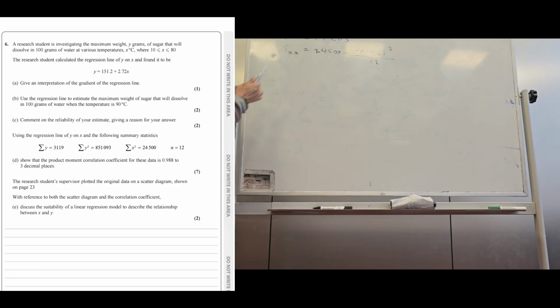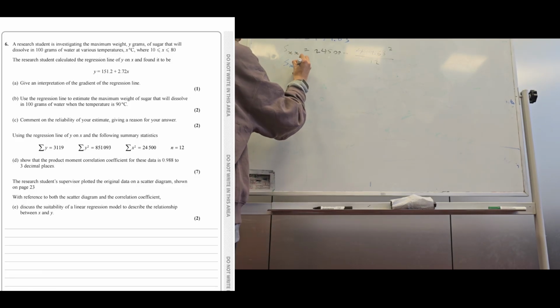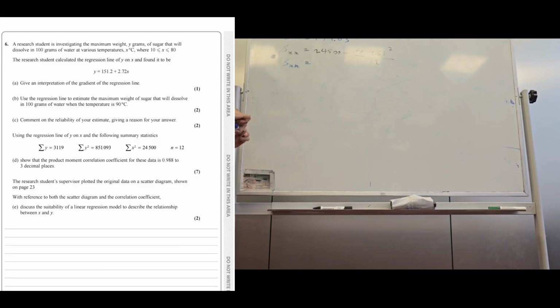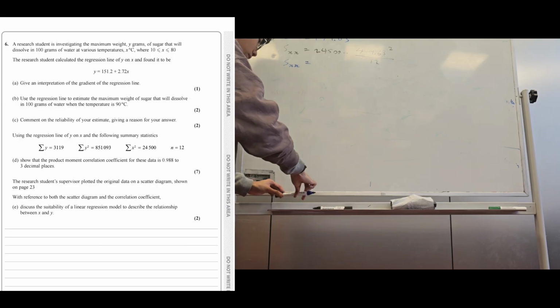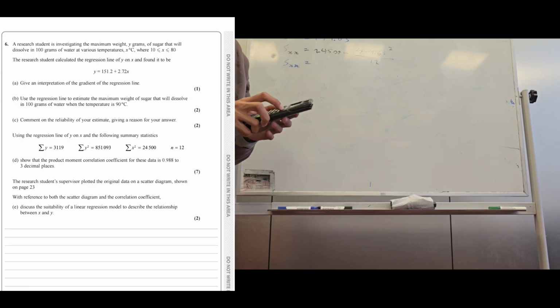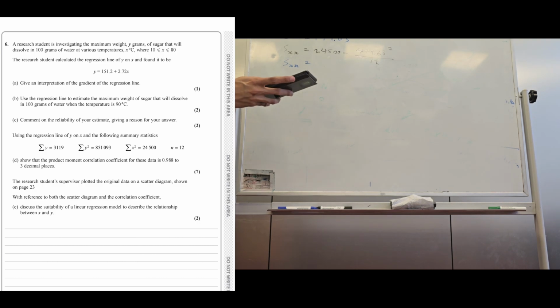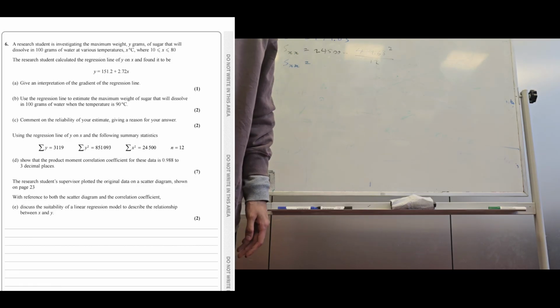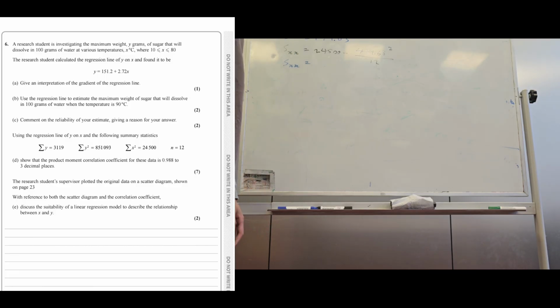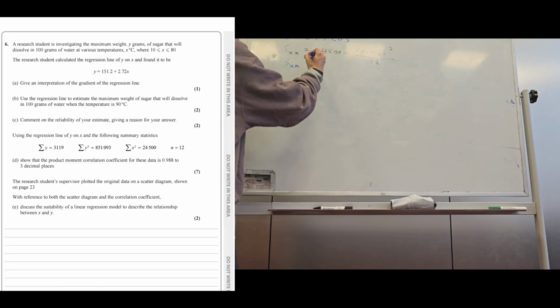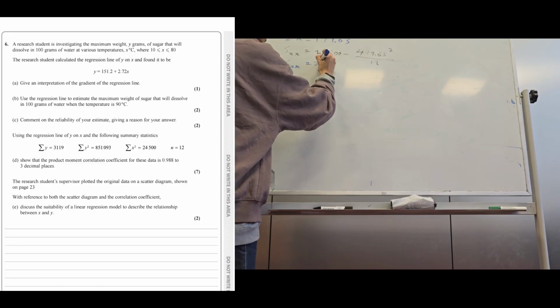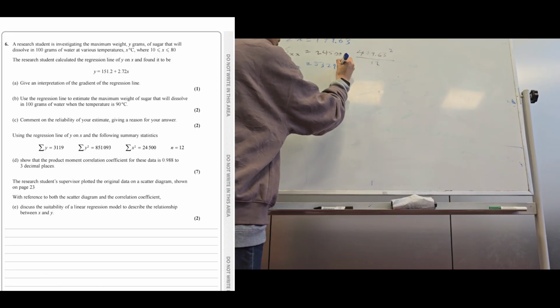Taking that, we get Sxx is equal to, I'll just put it in my calculator, 5329.40.